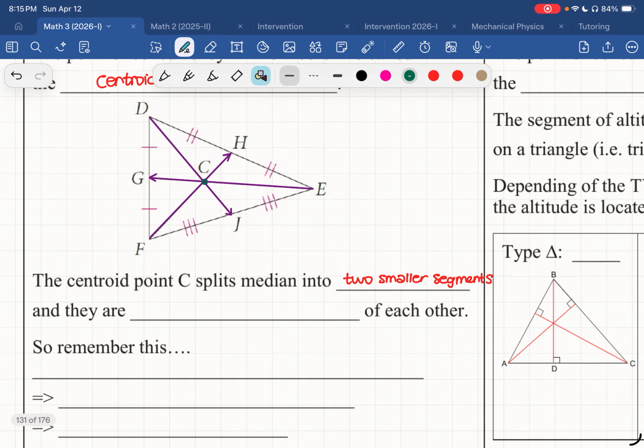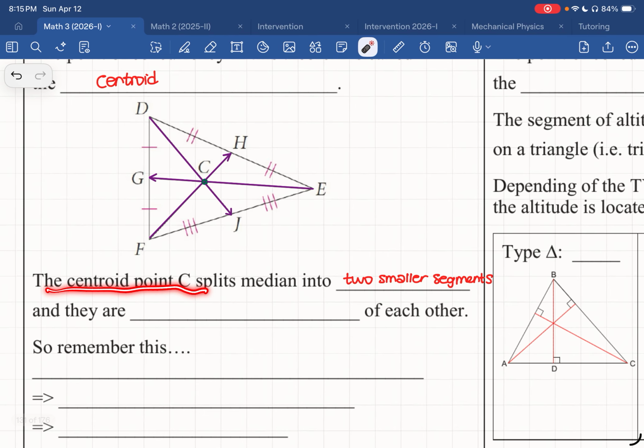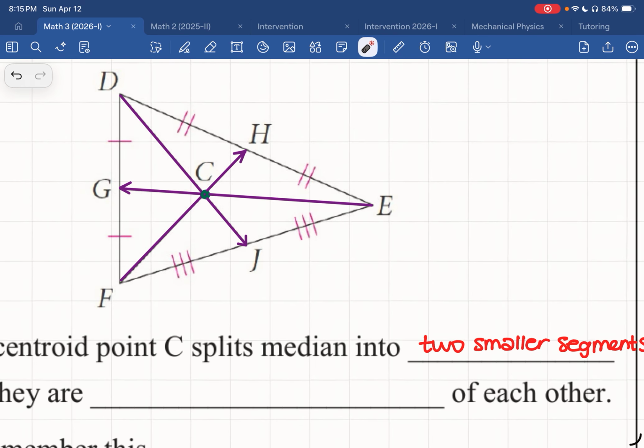So, as you can see here, the centroid, which is the point C, right, splits the median into two smaller segments. Okay. So, what I'm saying here is this line, you can understand it as two parts. This is the short part and this is the long part. So this is the long part and this is the short part. Again, here we have the long part and the short part, right?